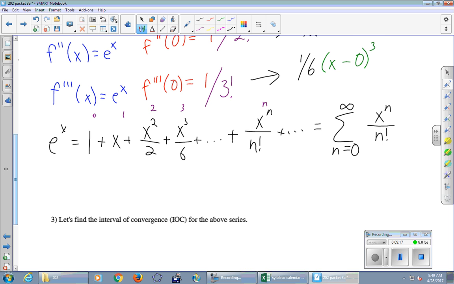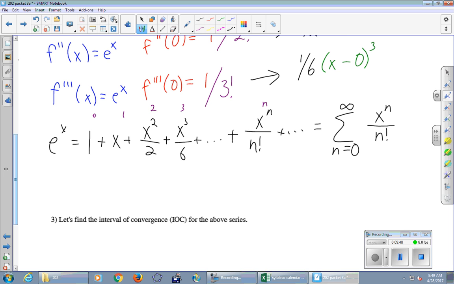So that right there is the Taylor series for e to the x about a equals 0. Not a whole lot that's new today compared to last time. Just writing the general term, maybe slap a sigma in front of it. They're not always going to be as easy as e to the x, but we got to start somewhere.